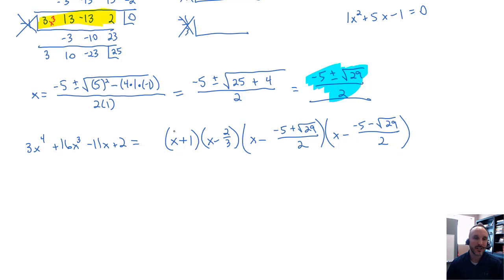And now the two expressions on the left and right need to be equal, so I need to look into making sure that my leading coefficient, my leading term is 3x to the 4th. And if I multiply all the leading terms together, I would just get x to the 4th. So to fix that, I just build in a coefficient of 3 on the right side, and then I'll get a coefficient of 3, thus making the two expressions equal.